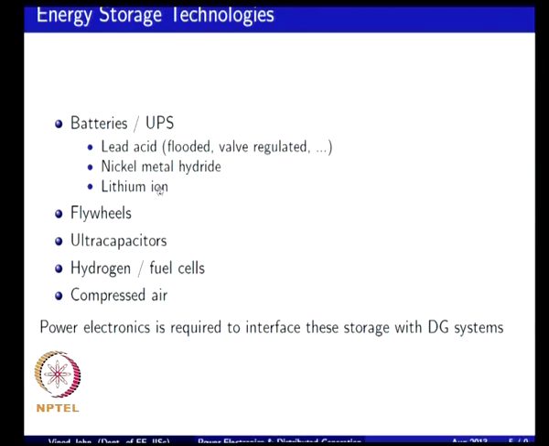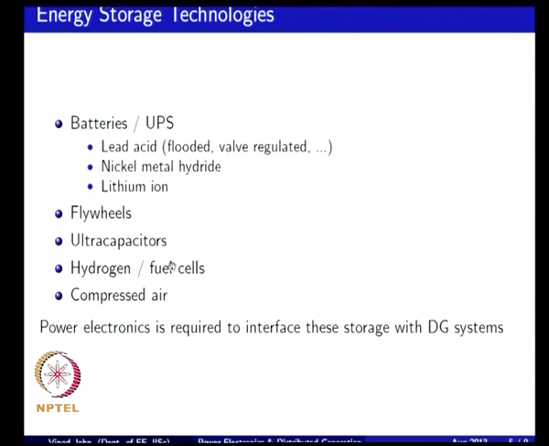The initial electric vehicles had looked at nickel metal hydride as an option because it has higher cycle life compared to the lead acid cells, and people of late are focusing on lithium ion technology. Other ways of storing energy at a distribution level could be flywheels. People have looked at flywheels, ultra capacitors.